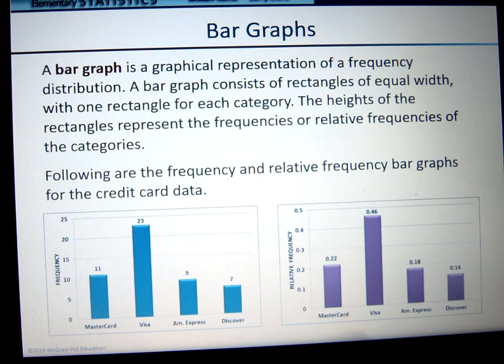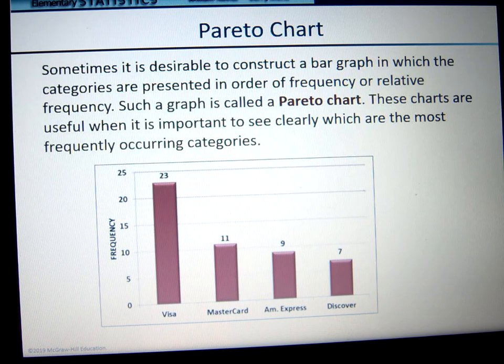A couple other things I want to point out: in a bar graph, you do not allow the bars to touch unless you're comparing two different things. Okay, and we'll take a look at that in a minute. So the bars do not touch. You might say, well, how do I know what width to make it? You just make it pretty. Make it however you want to make it for a bar graph. There is no rule on how wide to make your bars for the bar graph.